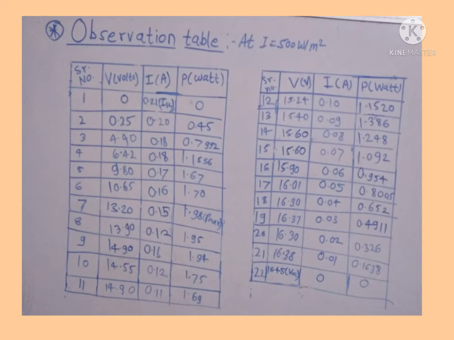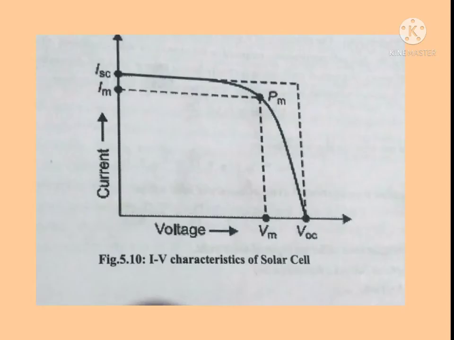It is the voltage that the solar cell provides when terminals are not connected to any load. It is the open circuit condition. As shown in the table, observation number 7 gives the maximum power point, which relates to the point where maximum power is supplied by the cell that is connected to the load.